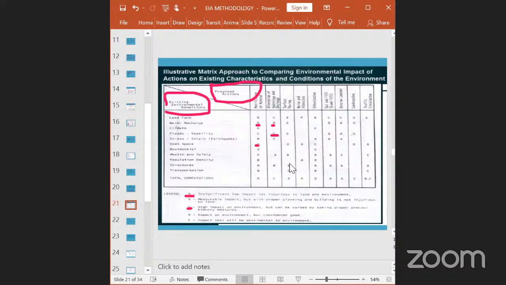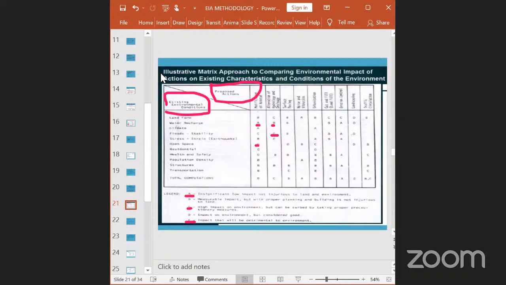And E, where is E here? So there is no E here, but I think, okay, in case you have put this E, it is impact that will be detrimental to the environment.